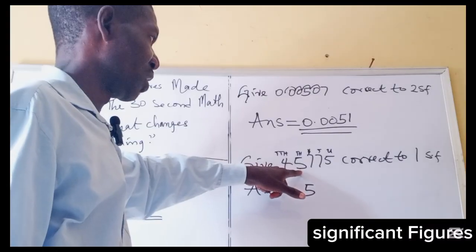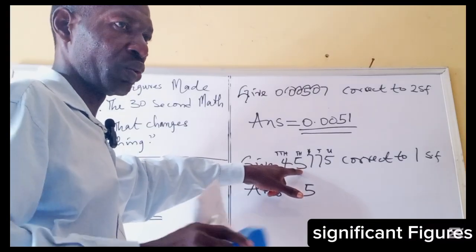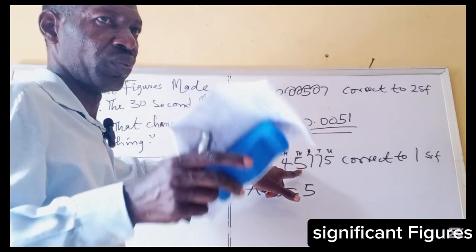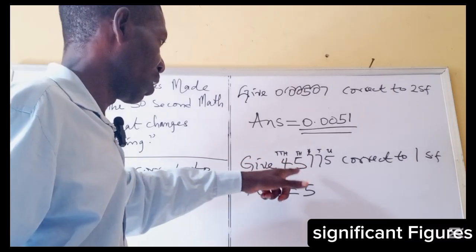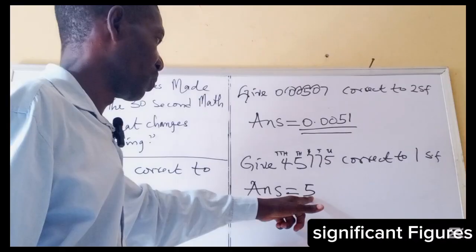If it is 4, we are not going to add anything. We round down. But now it's 5, meaning that we are going to round up. Round up means that it carries 1. That 1, you add it to this. That is what makes it to be 5.